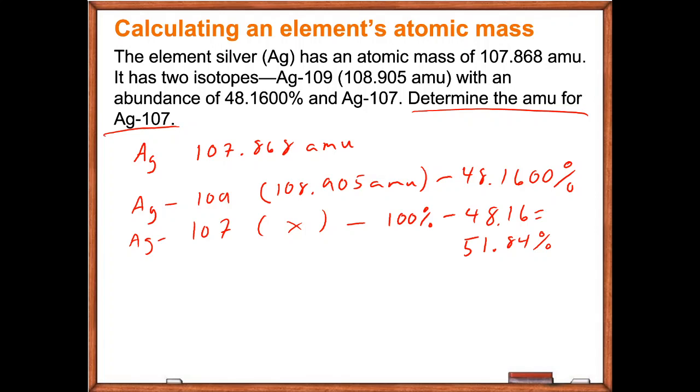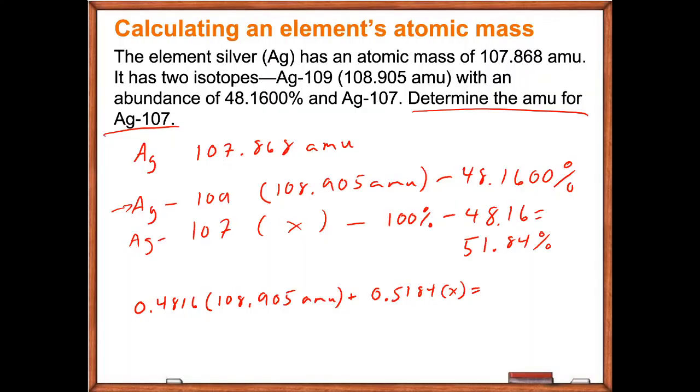I have 0.4816 times 108.905 AMU, so that's the information for silver 109, and then plus 0.5184 times x, and this is all going to be equal to 107.868 AMU.